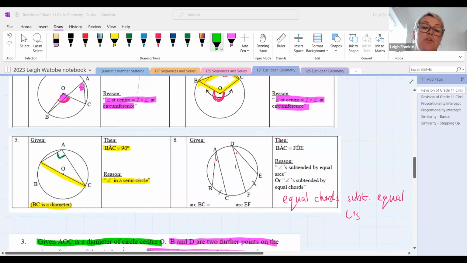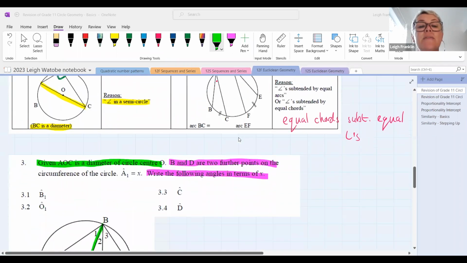No, you wouldn't be able to use similarity in this particular situation. You wouldn't have enough information. Also, if they were working with arcs, it means that ABC and DEF are not triangles. Remember, triangles have got 3 straight sides. These have only got 2 straight sides. The other side is curved. So no, unfortunately, we wouldn't be able to use similarity.